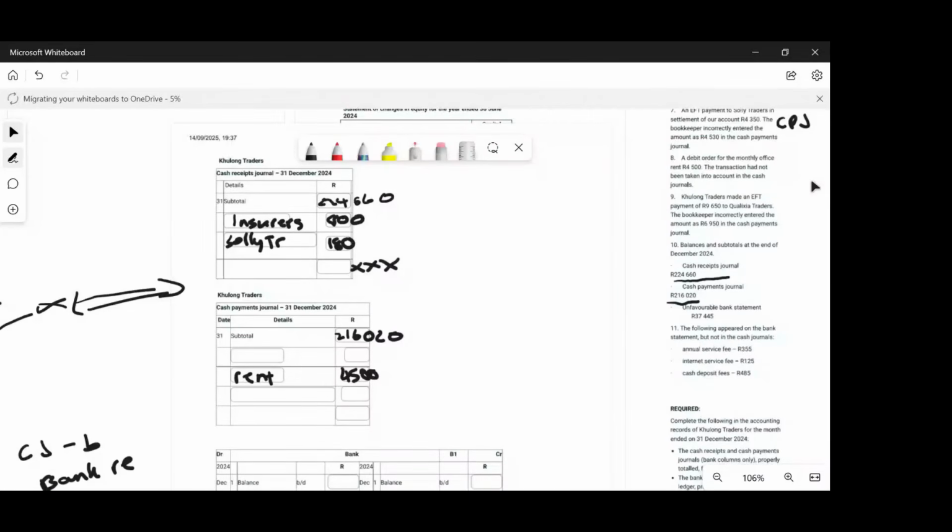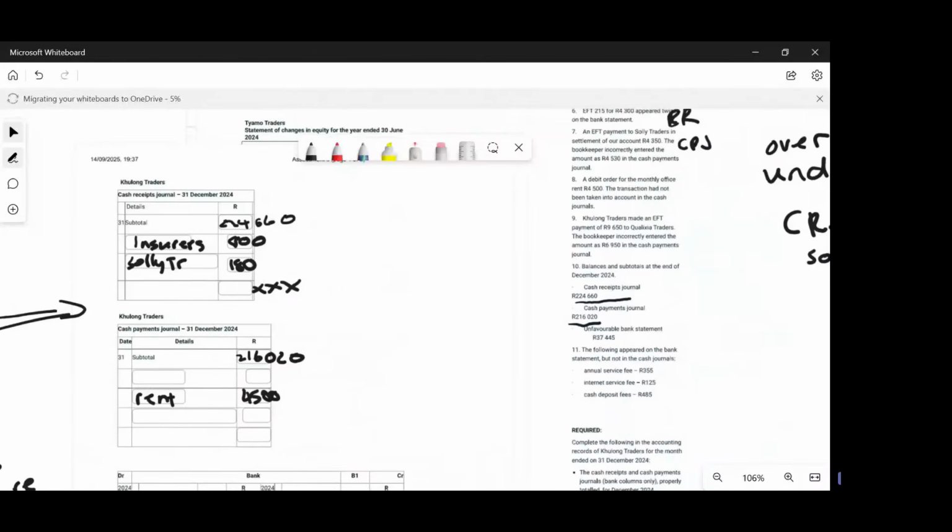Yeah. Okay. Then after that, you move to number 9. Number 9 says Qualixia traders made an EFT payment of 9,650. The bookkeeper incorrectly entered the amount as 6,950 in the cash payment journal, which means this one is an undercast, right? Correct. So you find the difference: 9,650 minus 6,950.